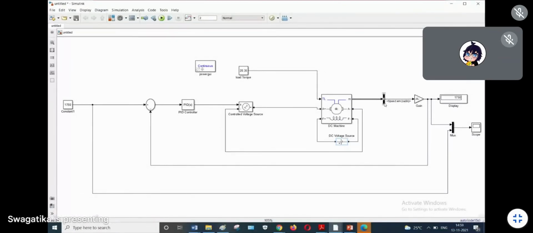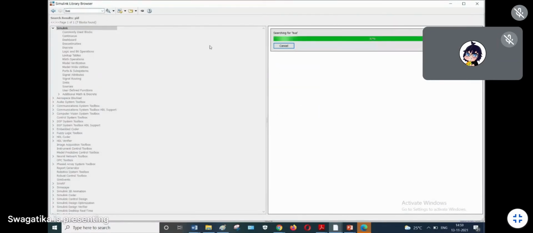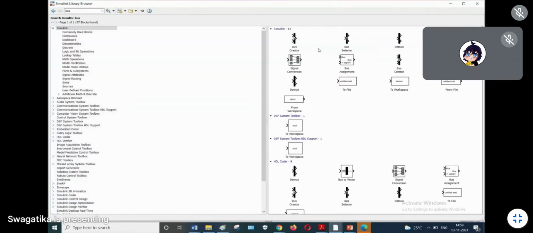So what you can do is add a bus selector here.